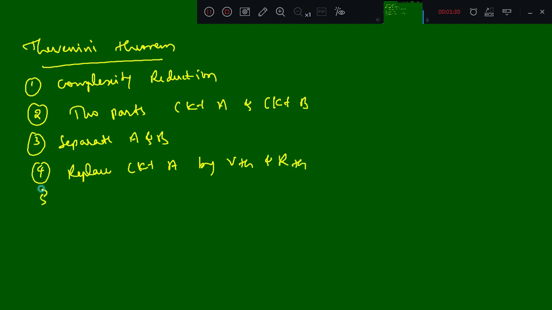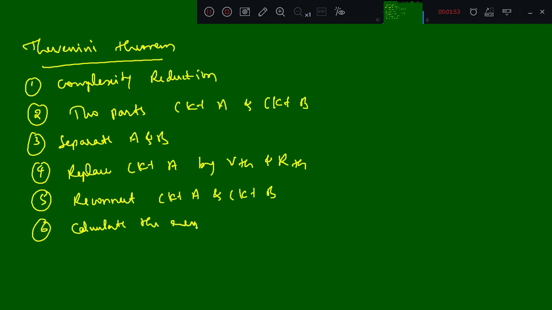The fifth one is reconnect circuit A and circuit B. The sixth one, calculate the required values. Okay, so this is the procedure which we use to apply Thevenin's theorem.